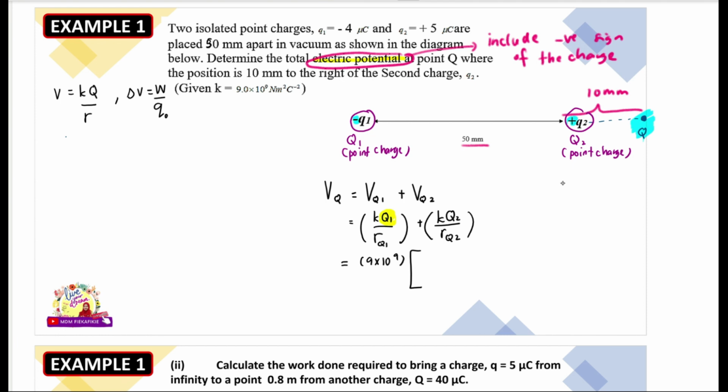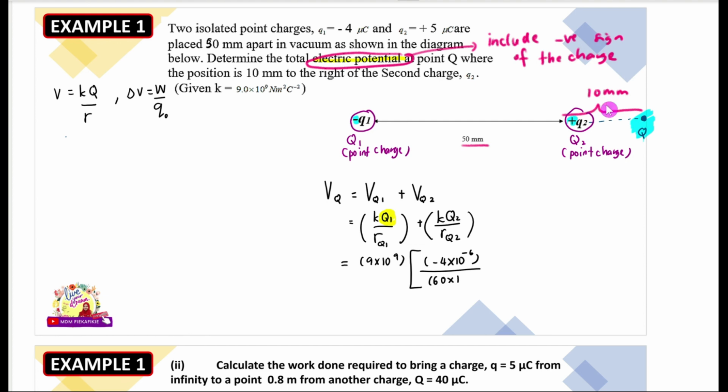So Q1 is equal to negative 4 times 10 power of negative 6 coulomb, and the distance between point Q and charge 1: look here, we have point Q here and this is charge 1. So 50 plus 10 becomes 60 millimeter.